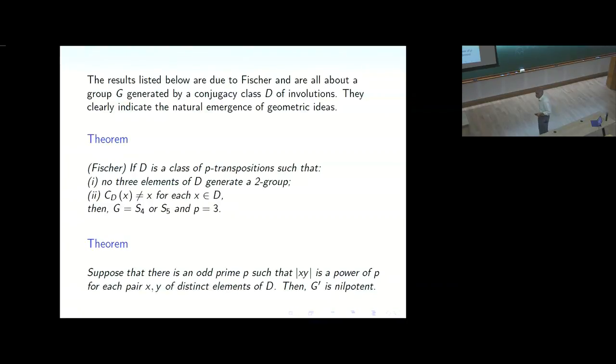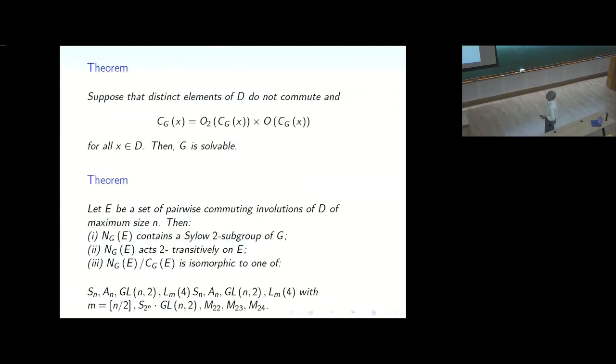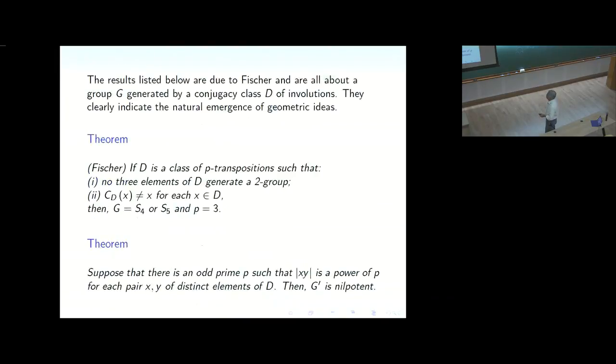The product has order 1, 2, or p, p a prime. If there is an odd prime p such that the product of x and y is a power of p for each pair of elements, then G prime is nilpotent. See, this condition is purely in terms of the orders of products.